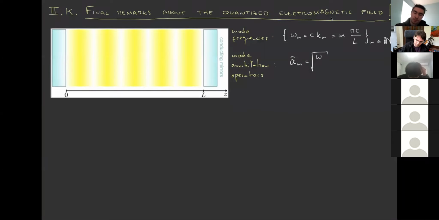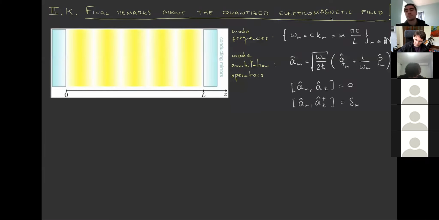So this is the square root of omega m divided by 2 h bar, times the amplitude q, the amplitude of the magnetic field, plus i over omega m times p, which is the amplitude of the electric field. And most importantly, we are doing quantum field theory because we are imposing canonical commutation relations, which in terms of annihilation and creation operators look like this: a with a dagger is equal to 1 for the same mode and 0 for different modes.